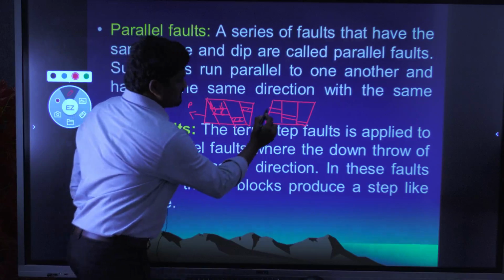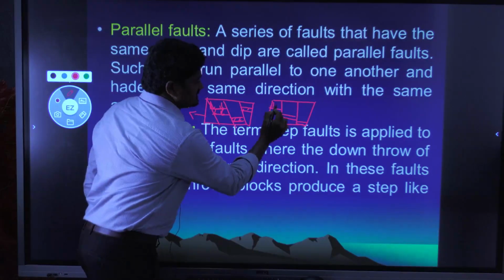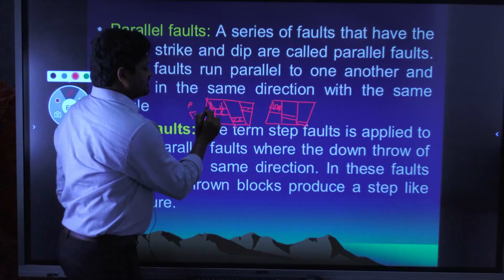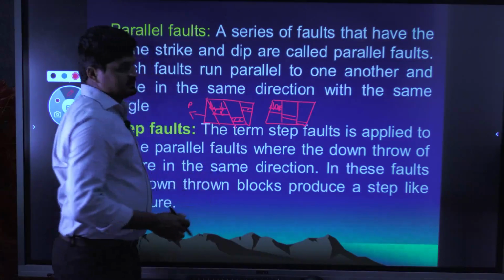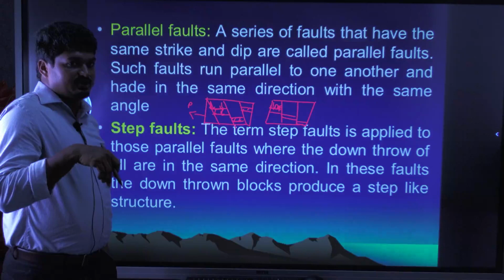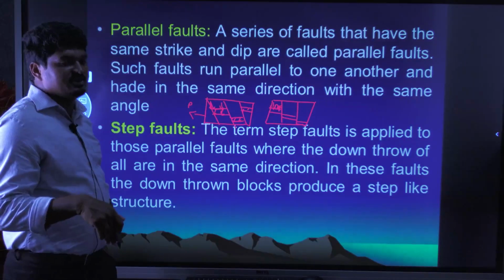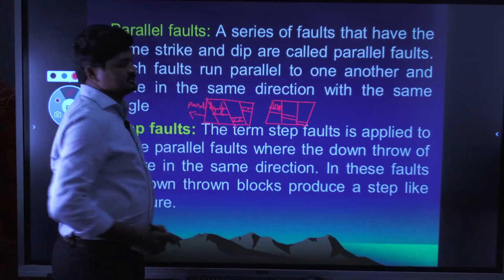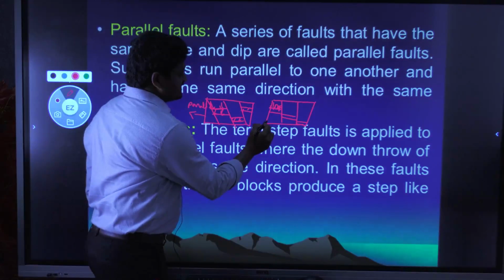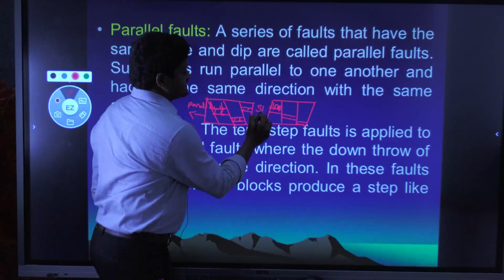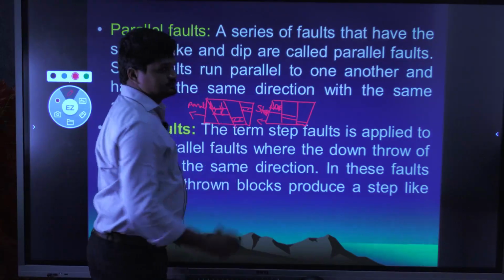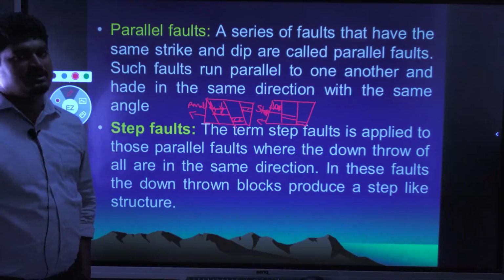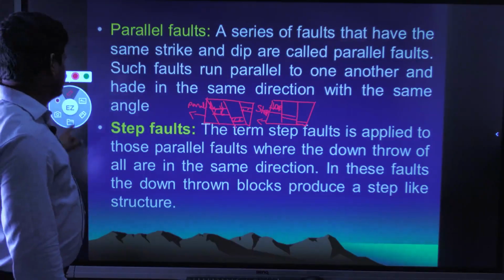In parallel faults, the movement is downward in both the strike and dip directions. When it is along the dip direction only, we call it a step fault. These faults develop in different types of rock masses.